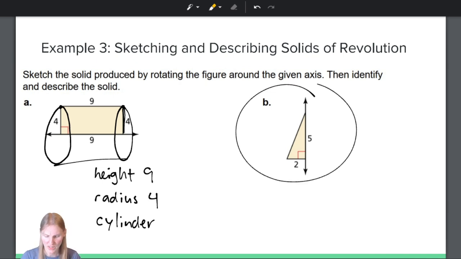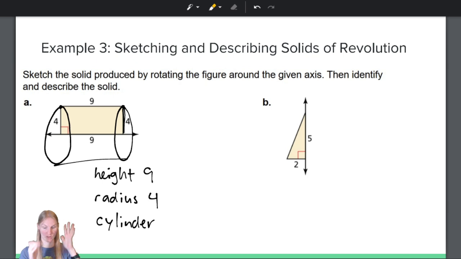All right, in part B, this is not a rectangle. We've only talked about rectangles up until this point, but triangles are still cool. So you'll notice that this yellow shape is a triangle. It is a right triangle, as they've told us, so that's cool. And it's actually very important that that's a right triangle, because if it weren't a right angle, if it were acute, when we rotate this around, we're not going to have a flat bottom.